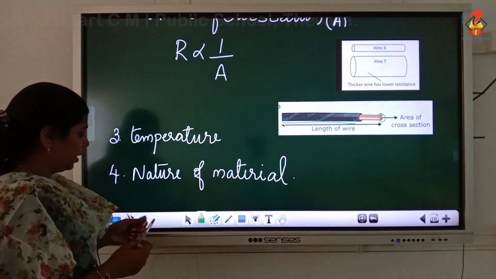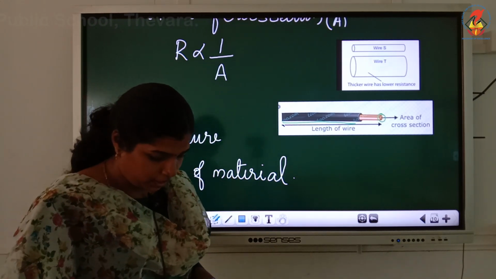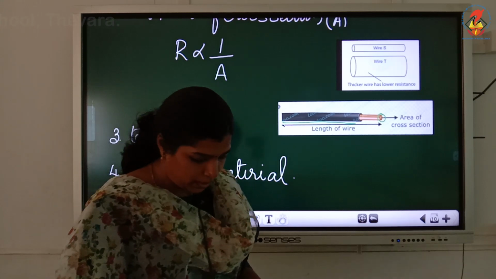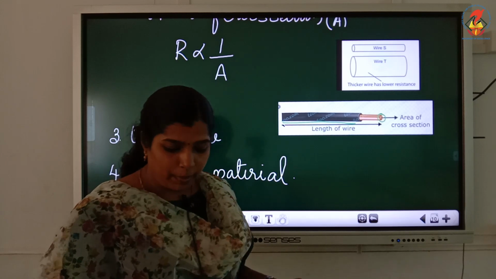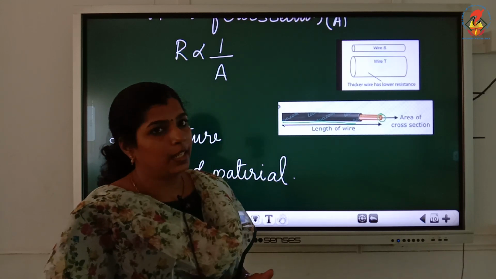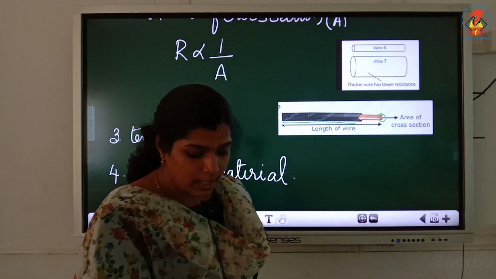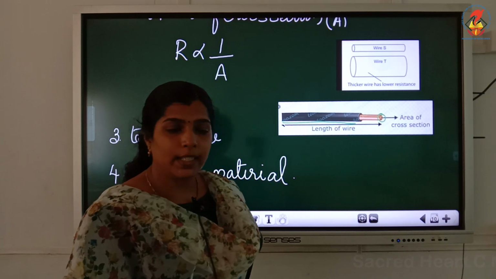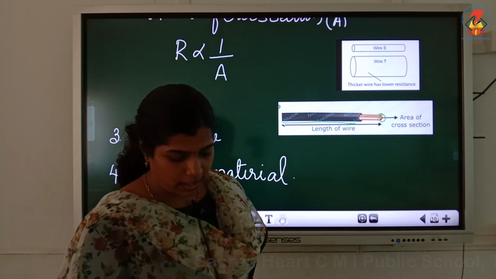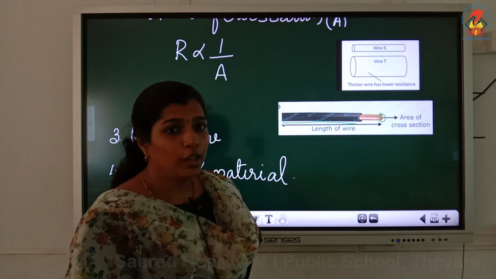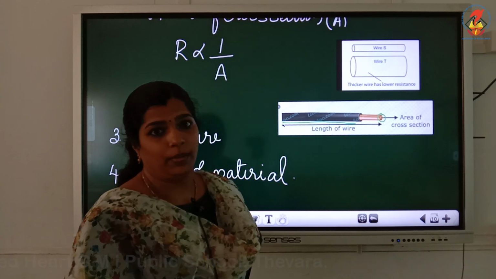Then next point is temperature and nature of the material. Temperature means the resistance, for all pure metals, increases as the temperature increases, and the resistance will decrease as the temperature decreases. The resistance of alloys like nichrome, manganese, all change slightly with rise in temperature.